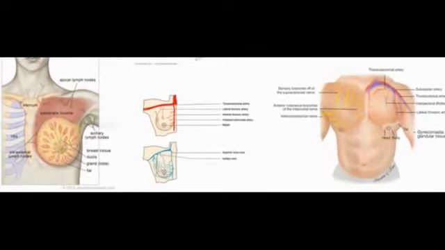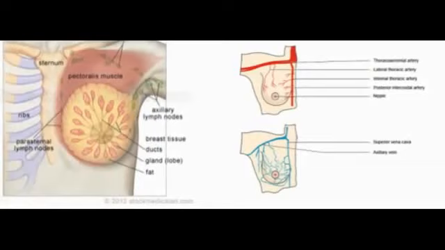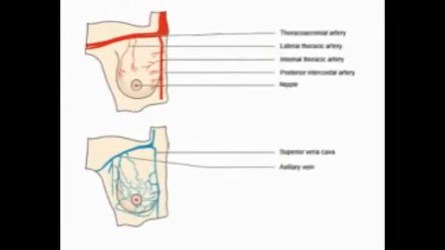The glandula is inside a sac of connection between the nerves, arteries, veins and lymph vessels. Just remember that the area is very rich with lymphatic nodes.